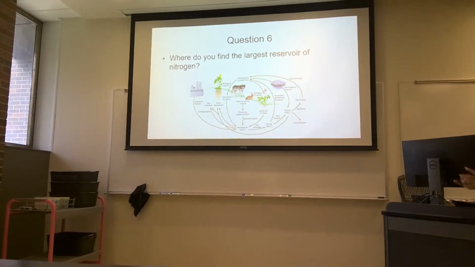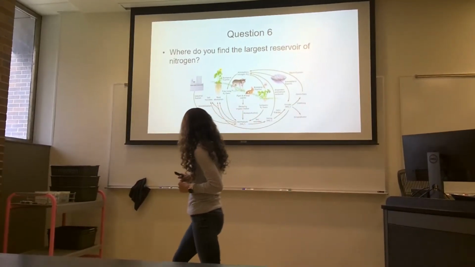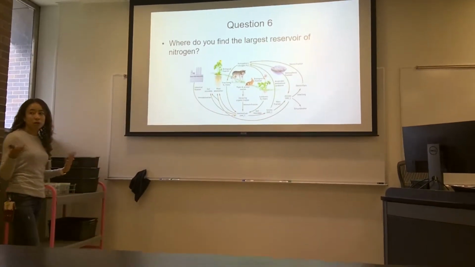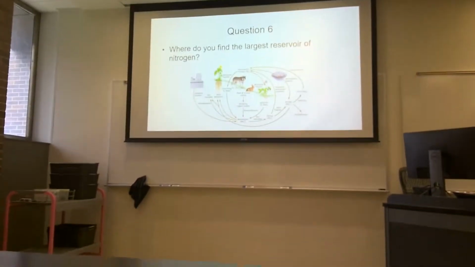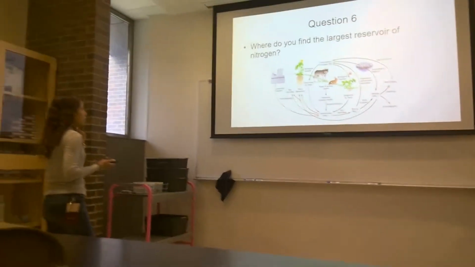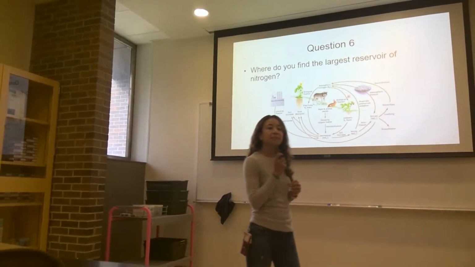Okay, so this is the nitrogen cycle. Because for plants, yes, carbon is important, and we're going to talk about photosynthesis, but nitrogen is the next limiting factor. So the nitrogen cycle is very important for plants. Where do you find the largest reservoir of nitrogen? Yes, the atmosphere.